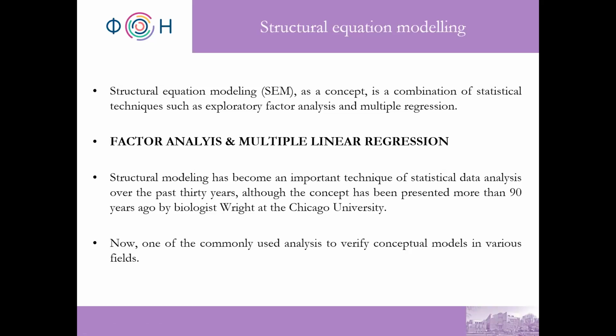And multiple linear regression allows us to inspect the relationships between our measured or latent variables. So in the next couple of slides, we're going through the basics of these two analyses, because we need a little understanding of them in order to better understand how SEM functions itself.